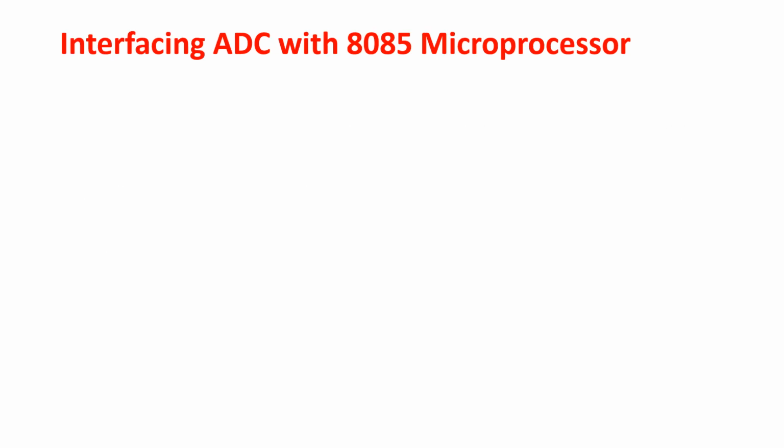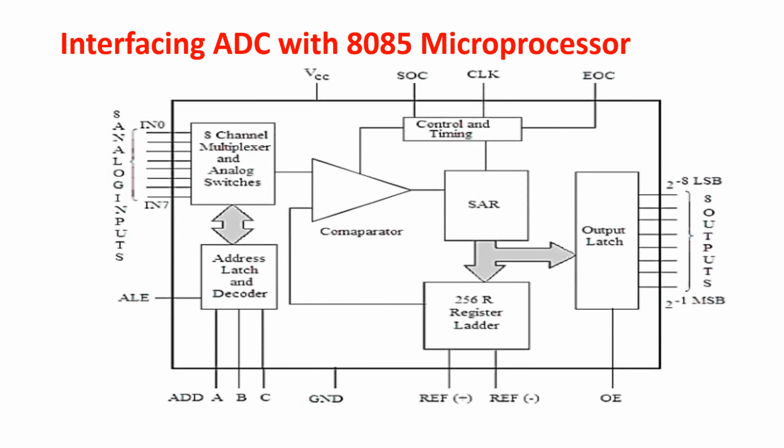Here is a representation of interfacing ADC with 8085 microprocessor. In this block diagram, we have the 8-channel multiplexer and analog switches block, address latch and decoder block, comparator block, SAR block, control and timing block, and output latch block.